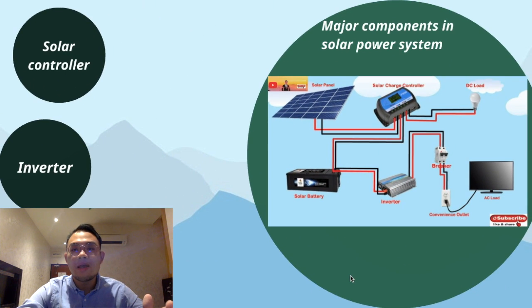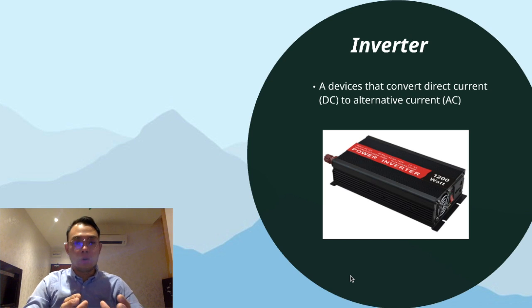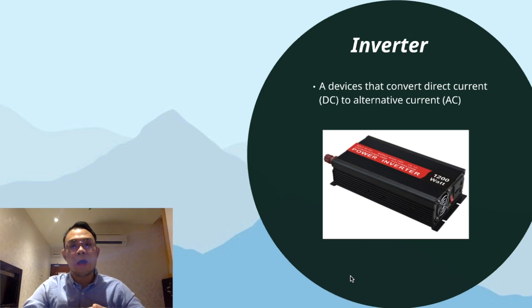The second element that I'm going to explain is the inverter. The inverter is basically just a box or a device which converts direct current, which is DC, to alternating current, AC. As I mentioned earlier, the solar panel will only give DC supply.